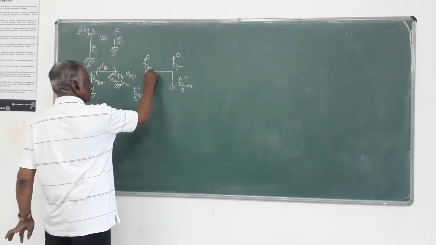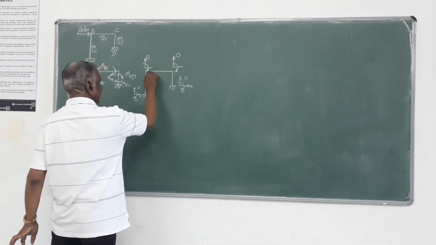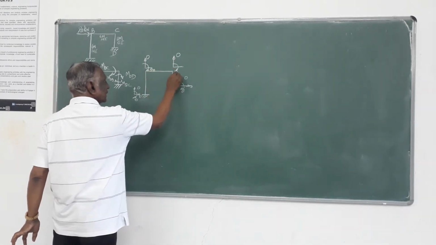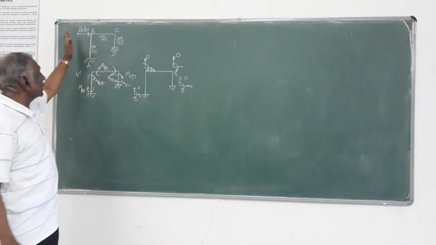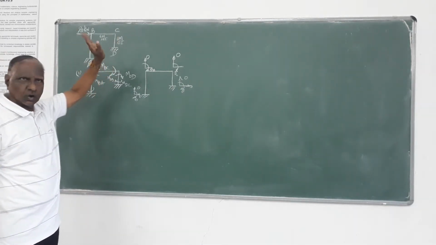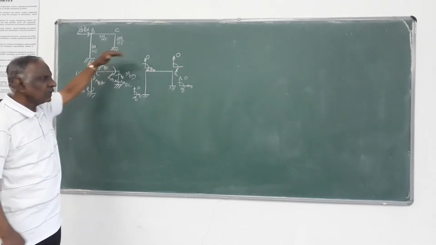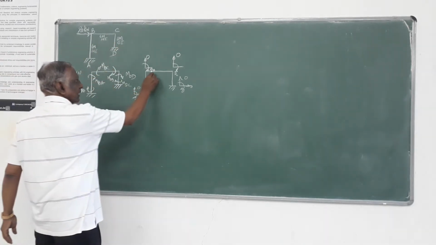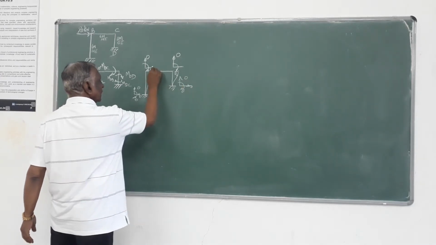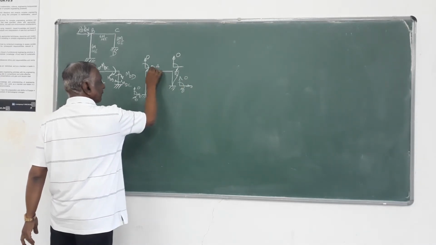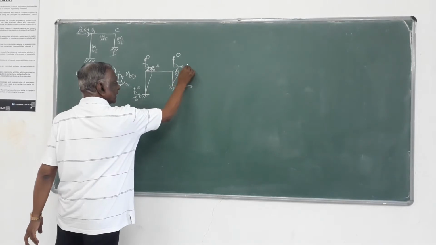And of course, rotations are there, that is theta B, theta C. As for translation, it can undergo translation because there is a load also. In the direction of the load itself, it can just move by the same amount, delta, delta.